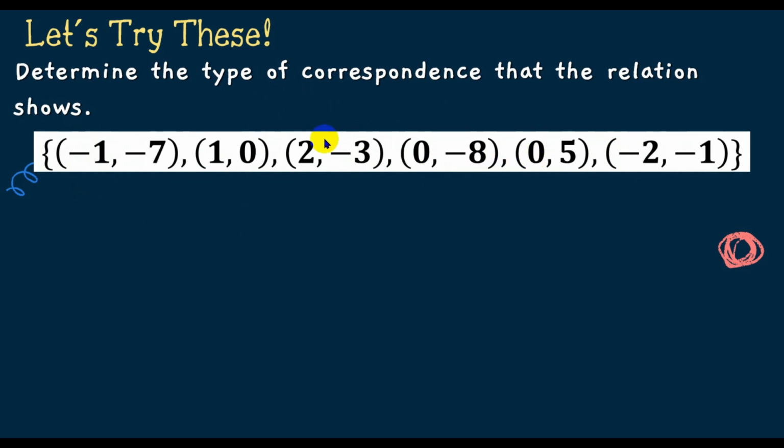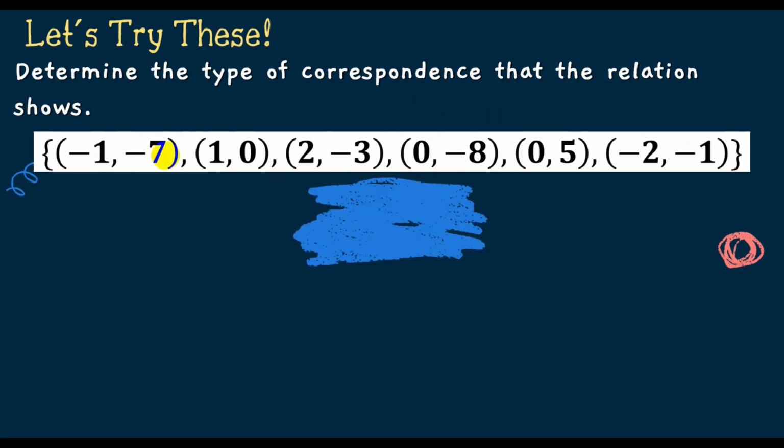Kasi once na may naulit na value ng x, that only means meron tayong isang value sa x or sa domain na may dalawang kapartner doon sa y. Kapag ganon, meron na tayong one-to-many correspondence. Meron po bang naulit na x value? So, kung mapapansin nyo po, naulit yung 0. So, this relation shows one-to-many correspondence.